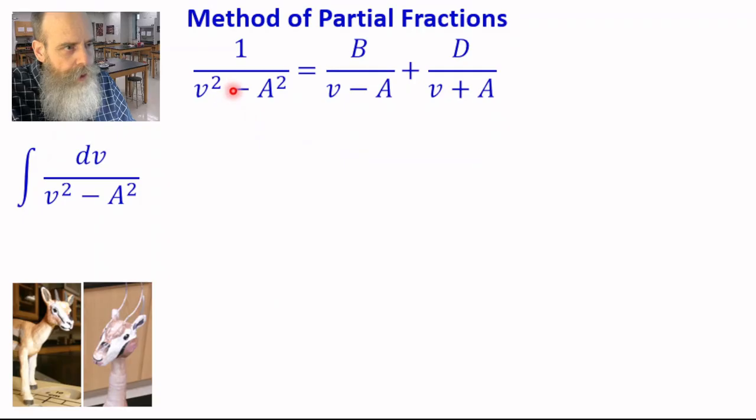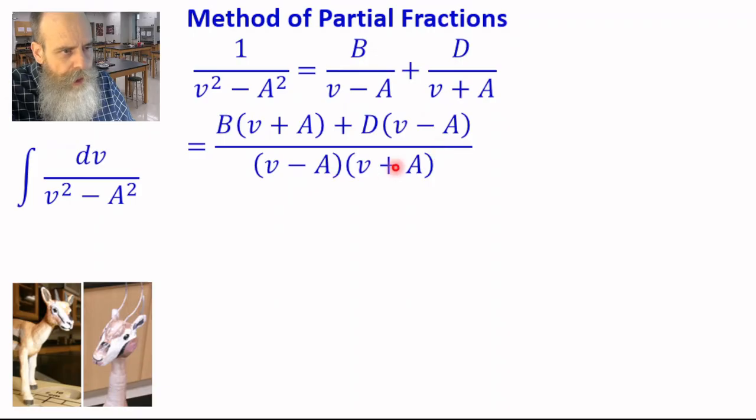So we can write this. 1 over v squared minus a squared equals b over v minus a plus d over v plus a. b and d are constants which we need to find. On the right side, let's get a common denominator, which is v minus a times v plus a.